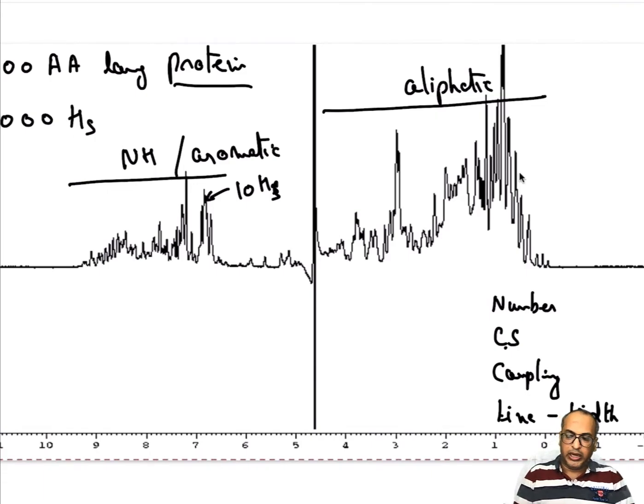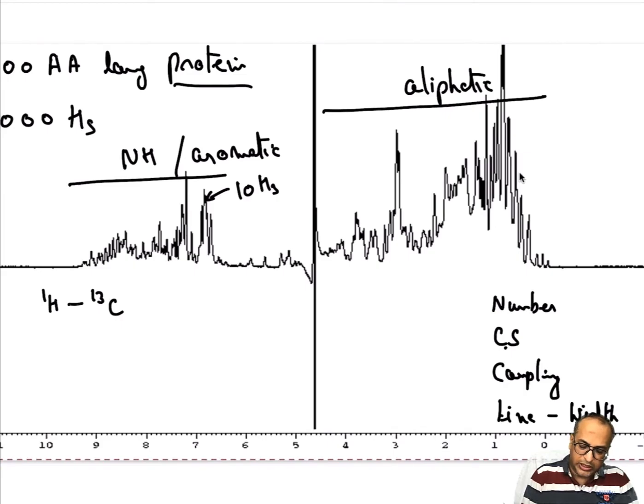So I'll tell you a few examples of how these lines can be resolved. For example, some alternative property can be the chemical shift of carbons which are connected to protons. If these protons are connected to carbons, then the chemical shift of those carbons can be used.